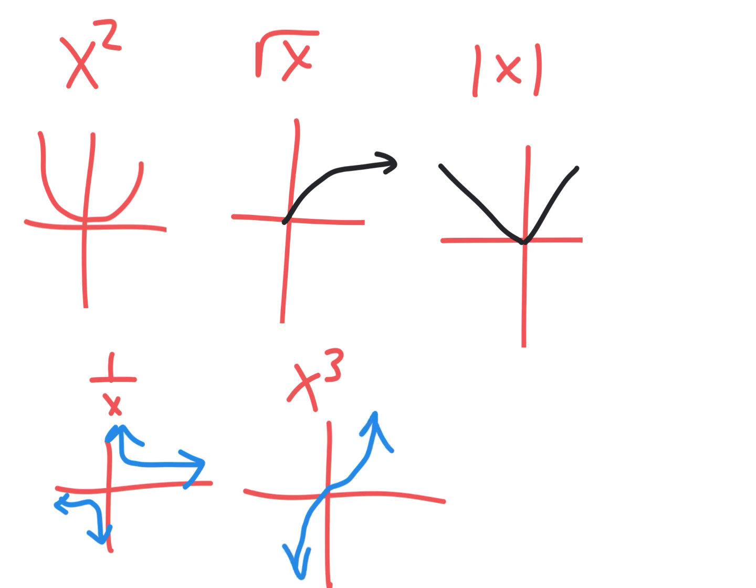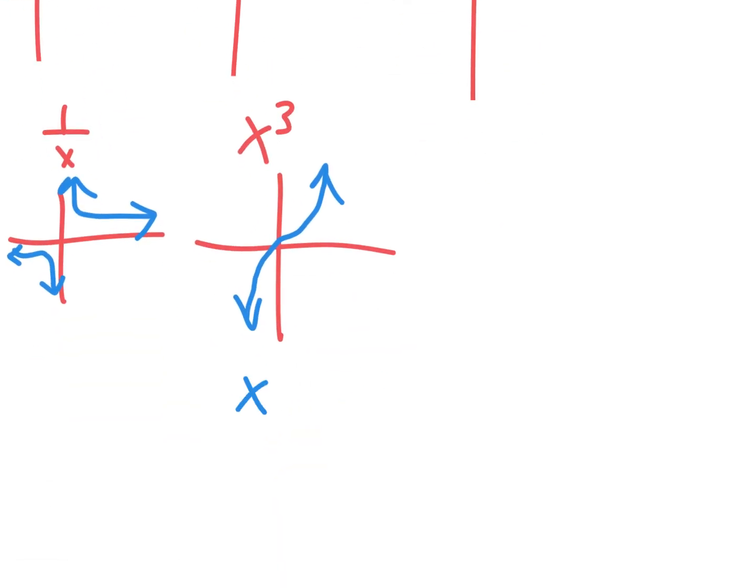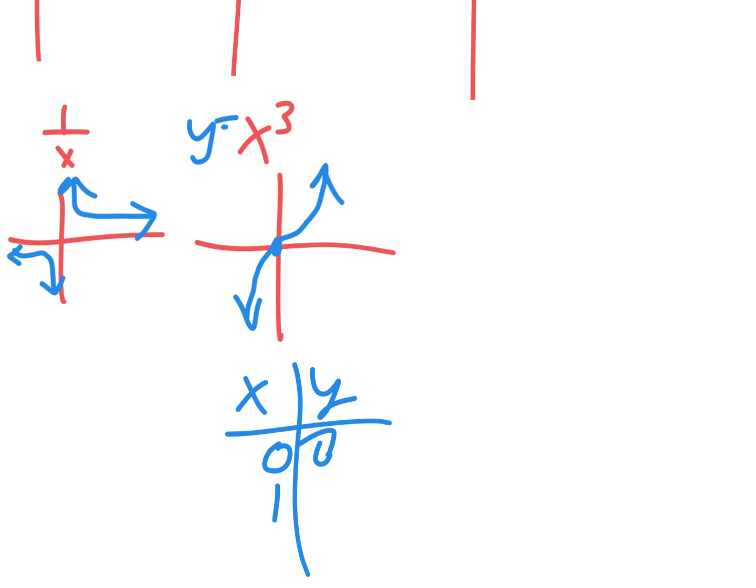Now you might be like, well, how am I supposed to know that? Well, you can make an XY chart, find a bunch of points, stick in 0, and you get 0, so it goes through 0, 0, and stick in 1, and you get 1, so it must go through 1, 1, and then stick in 2, 2 to the third is 8. You can build the graph, but it's a lot faster if you just know how they look.